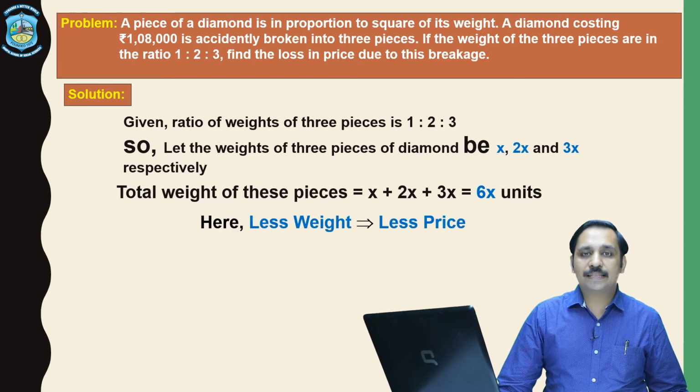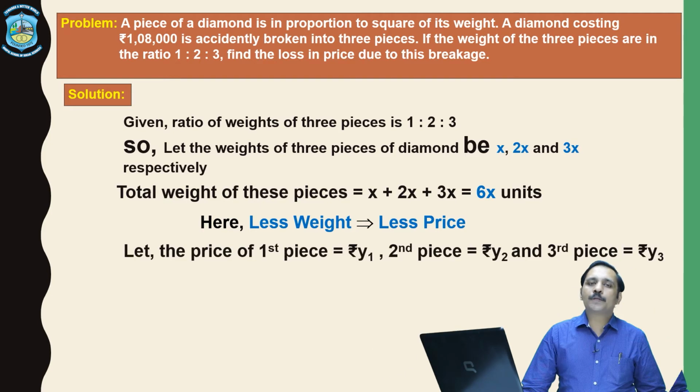Here if the weight is less, the price is less. That means this is a case of direct proportion. Let the price of the first piece be y1. Since we have already taken x, here we are taking another variable y. So let the price of the first piece be rupees y1, second piece y2 and third piece y3.